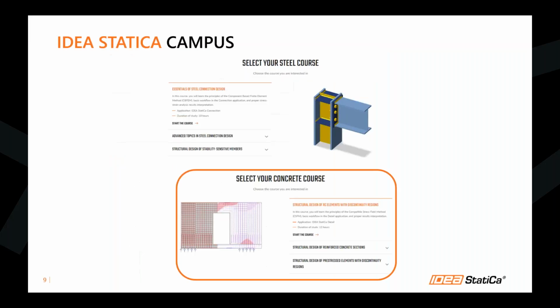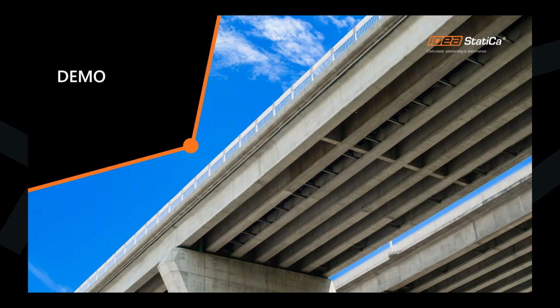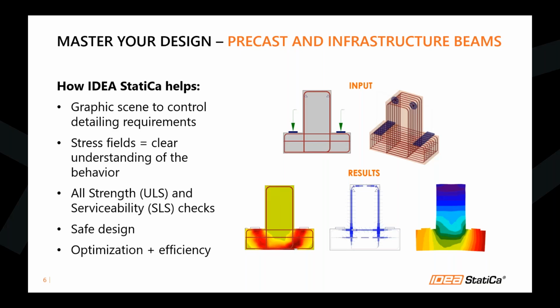So let me go back to the presentation. Before I present you this, I just want to quickly summarize why we should use the advanced methods, but I believe we already know that, right? You could have seen that during today's presentation.